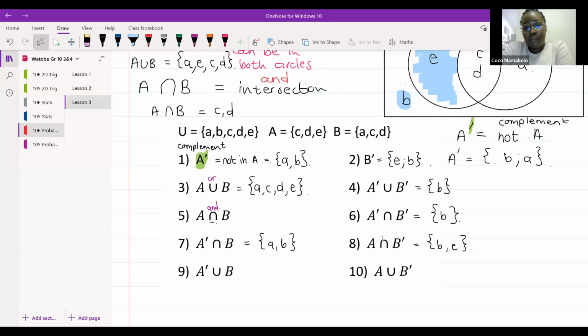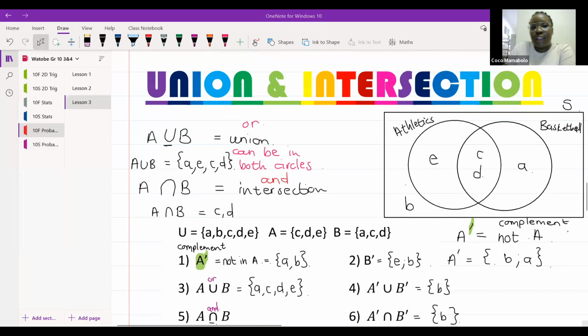The union, yes. Is it what's inside the circle? Like what's inside A? Okay, yes. So if you just have union, A union B, it's everything in both circles. So you can do athletics or basketball or both. You can do all of it.